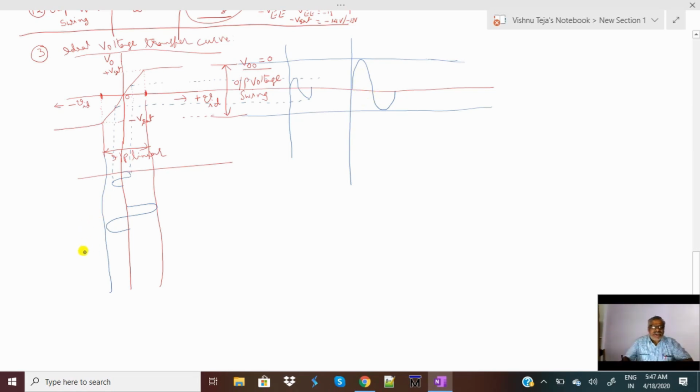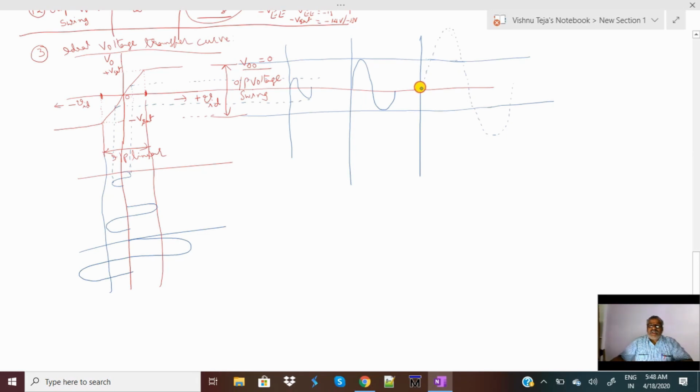Suppose our input is much larger than the linear range of the input signal, then what will happen? If everything goes well, the expected output we should get will be like this. But above this value, we never get, and below this value, we never get.